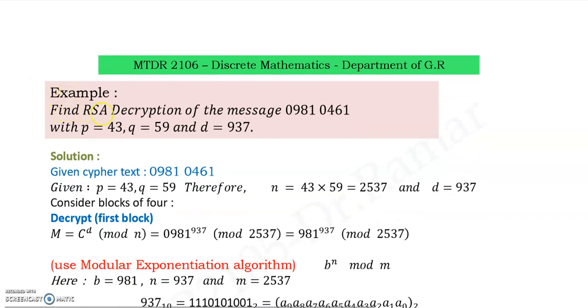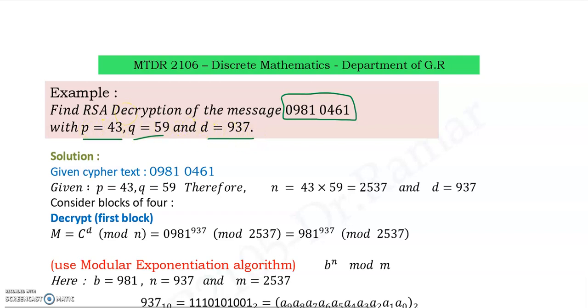Find the RSA decryption of the message 09810461. This is the encrypted message actually, and we are going to decrypt it with P equals 43, Q equals 59 and D equals 937. This is all given in the question.